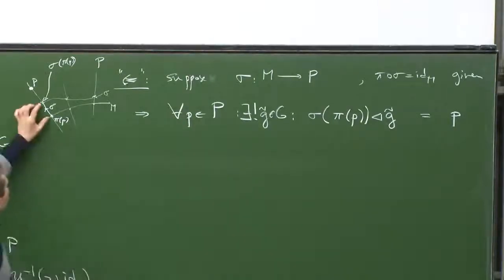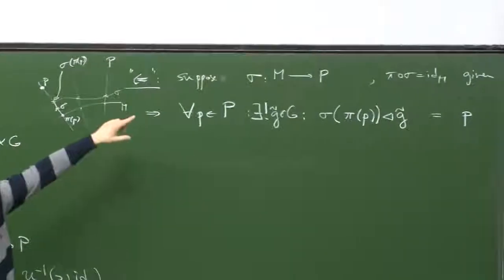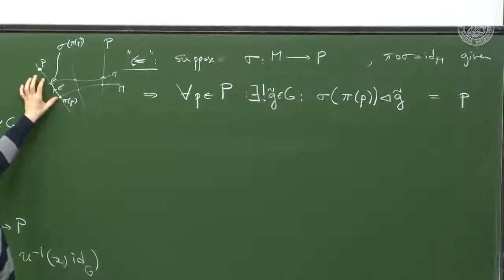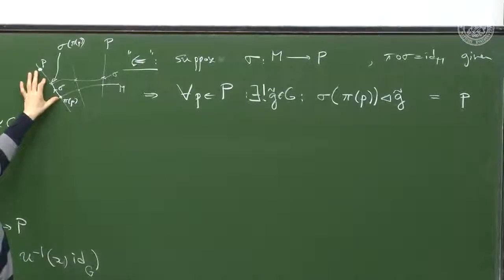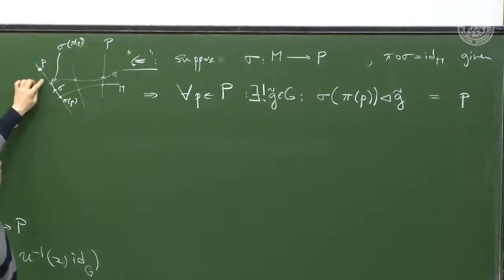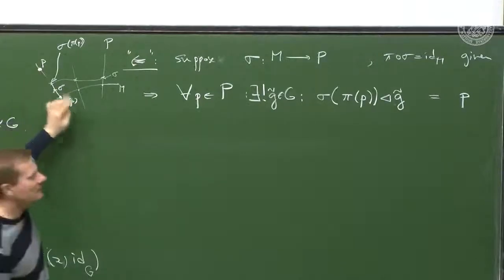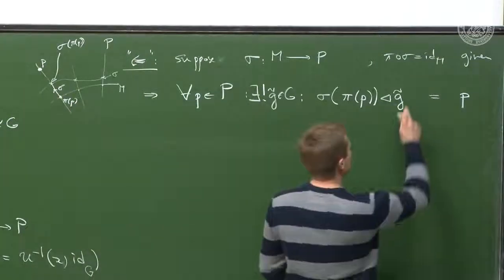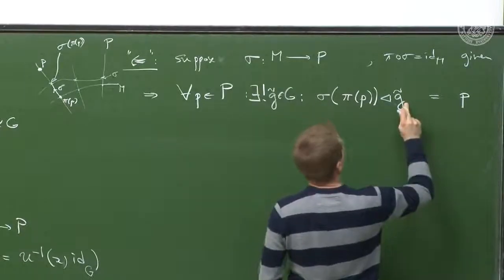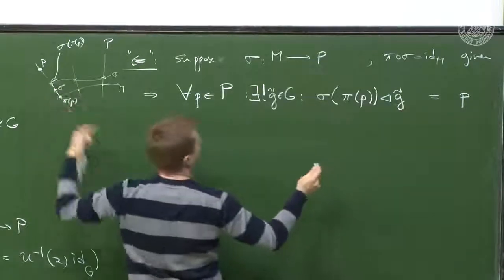Well, certainly it will depend on how you chose which section we have, because if you have another section but the same point here, you need to have another group element bridging the gap, right, by this action. So this G depends on the sigma, but it also depends on the point where you want to go.